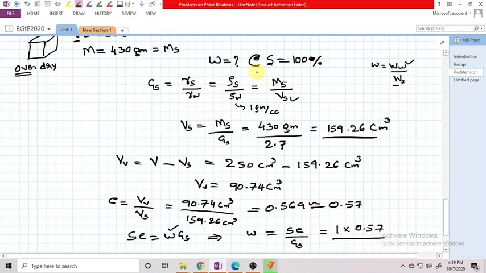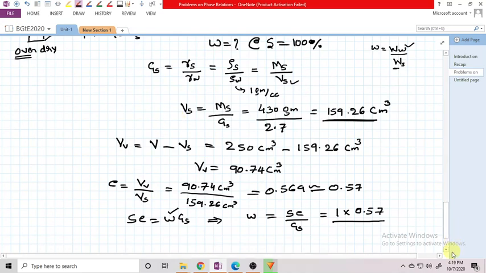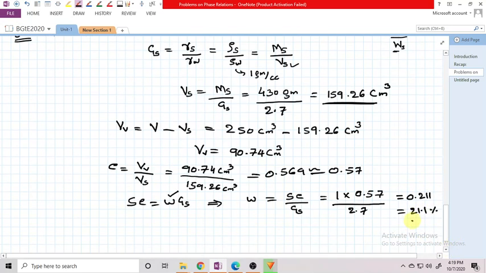Specific gravity, how much they given? 2.7. So your water content will be 0.211. That means 21.1 percentage.